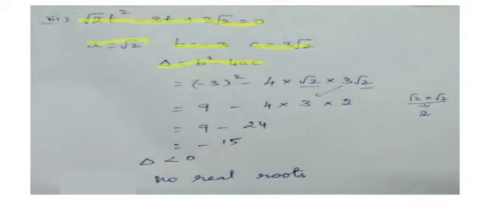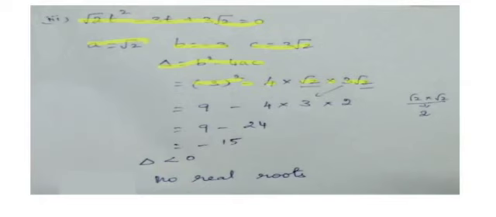So substitute minus 3 instead of b: minus 3 the whole square minus 4ac. So 4, a is square root of 2, into c is 3 root 2. We know that 3 square is 9. If a negative is squared, it becomes positive.